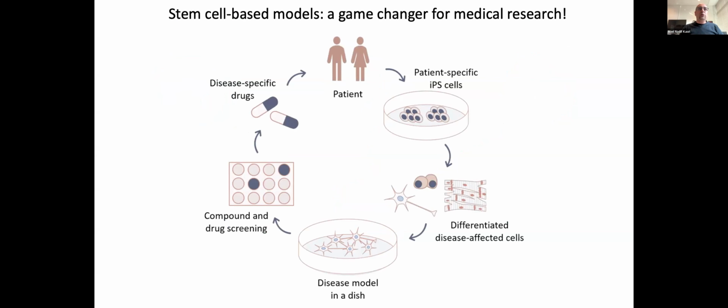The core of brain model is to use stem cell-based models, which I think most people are now familiar with. It's based on the fact that stem cells are cell types that allow us to generate any kind of organ, and from conception on they allow an individual to develop.